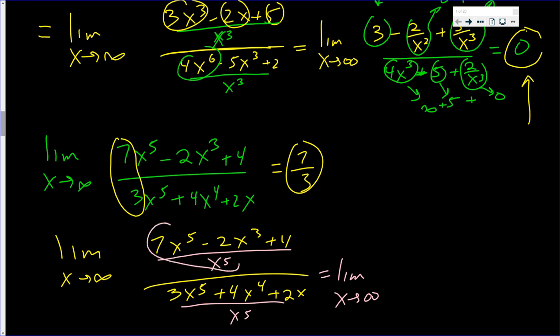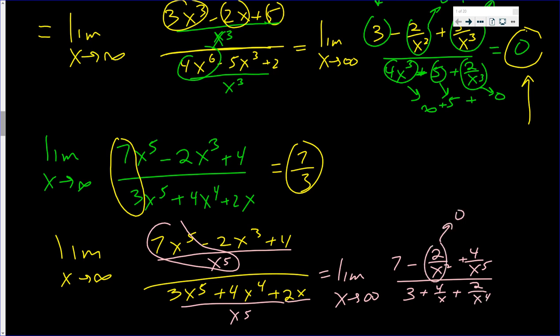If you divide those two, you get 7 minus 2 over x squared plus 4 over x to the 5th. In the bottom, you get 3 plus 4 over x plus 2 over x to the 4th. That goes to 0 as x goes to infinity.